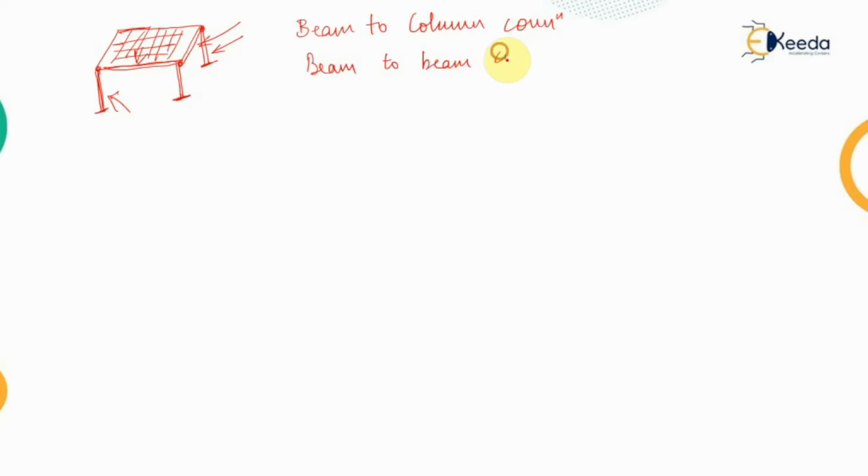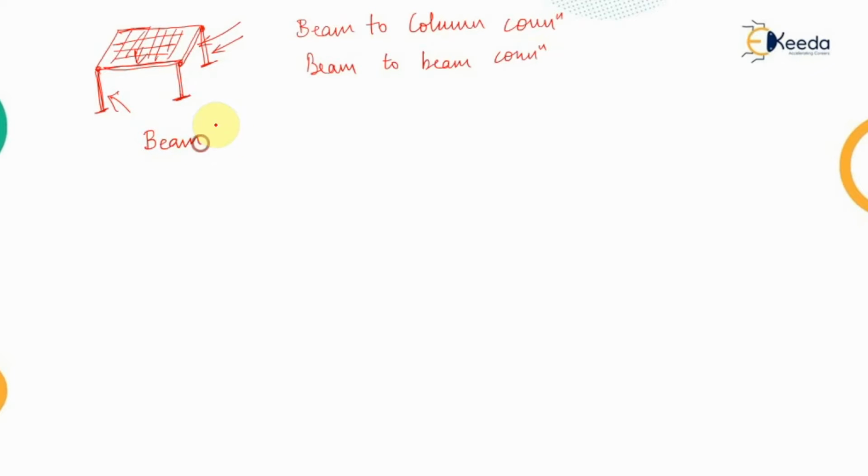That means if we are providing the connection between the primary beam and the secondary beam, that has to be designed for carrying out the load sufficiently. Now in the frame of a building, a beam may be attached to another beam or to a column. Now, in that case, the design of connection under a system of load is the prime concern for the designer.